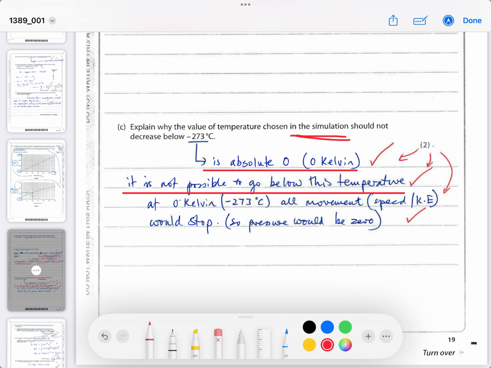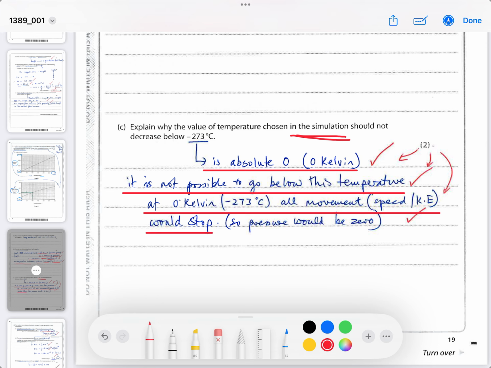So if it's an accurate simulation, it should be set so that minus 273 degrees centigrade is when you've taken all of the movement out of the particles. So at 0 Kelvin, or minus 273 degrees, all movement ceases, yeah? So all movement, speed, kinetic energy, it would stop.